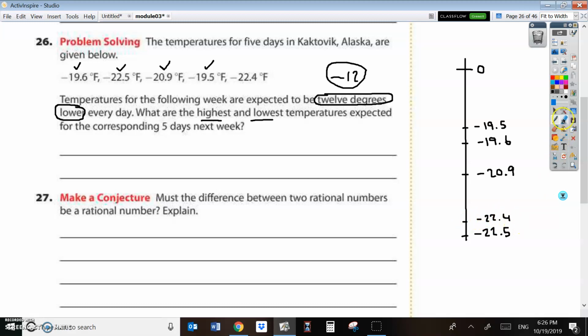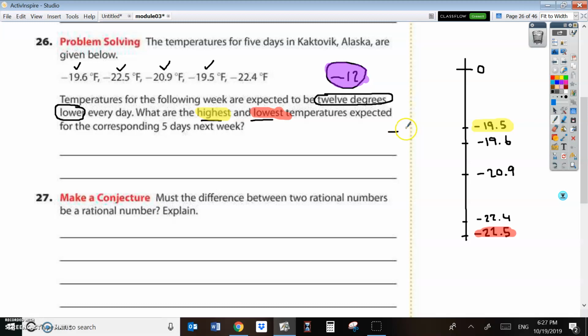Okay, so look here. This temperature right here is the highest temperature. Not a very warm high temperature, right? And then this temperature here is the lowest temperature. But now we need to subtract 12 from those two temperatures. But remember, it's already negative. So subtracting 12 is going to make it more negative.